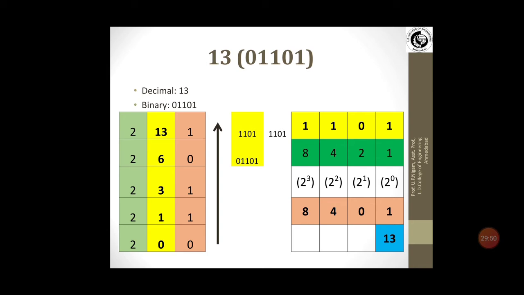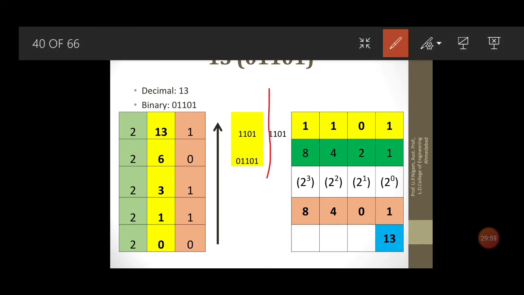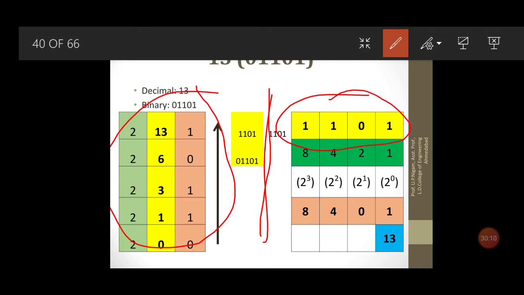You can see how 13 can be converted into binary, or the binary values can be converted into 13. You can observe from here the process by which we converted 13 into binary digits, and here we can see how these binary digits are converted into 13.